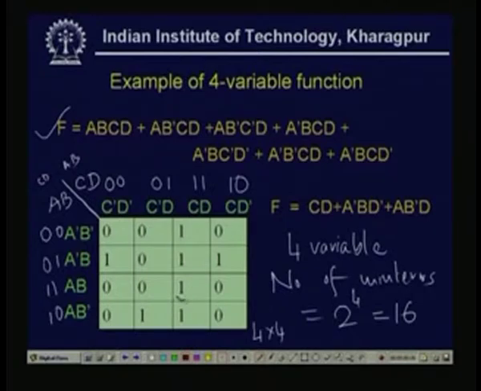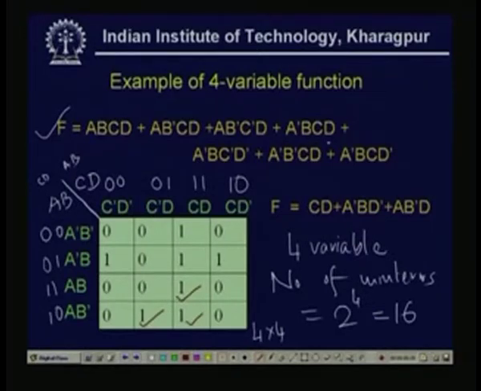See a b dash c d: a b dash means the 4th row and c d is the 3rd column. Now a b dash c dash d: again a b dash means the 4th row and c dash d is the 2nd column. So, this will be the thing.